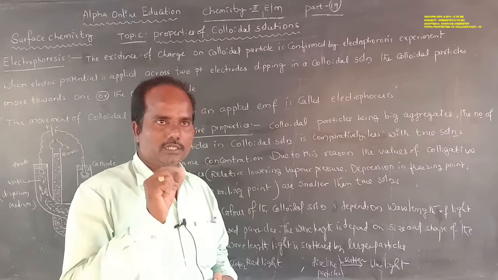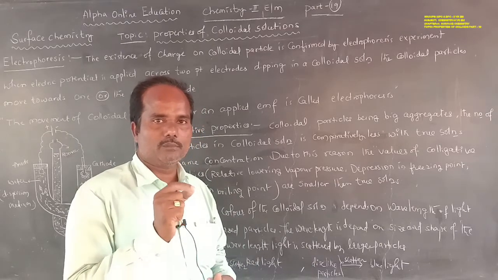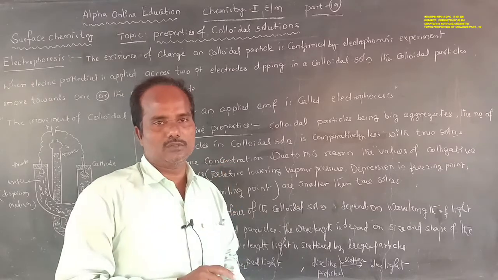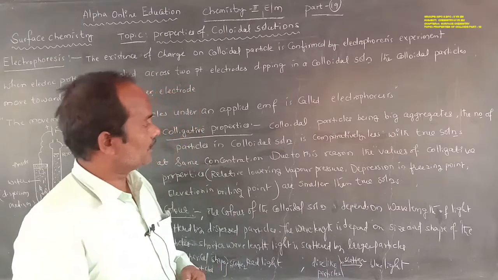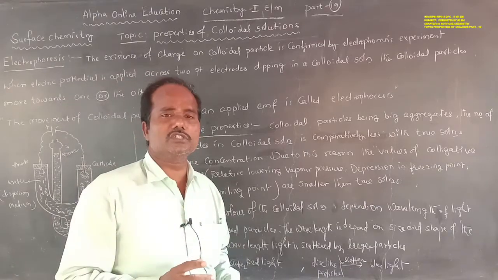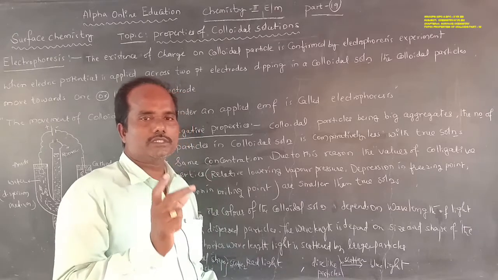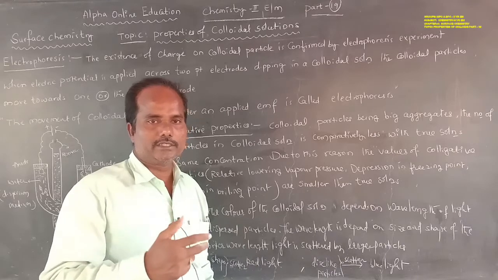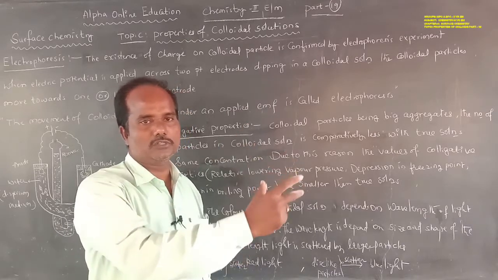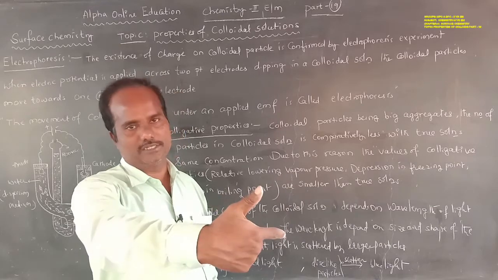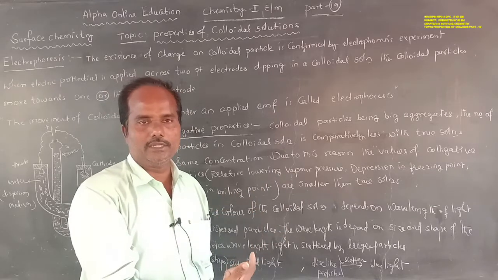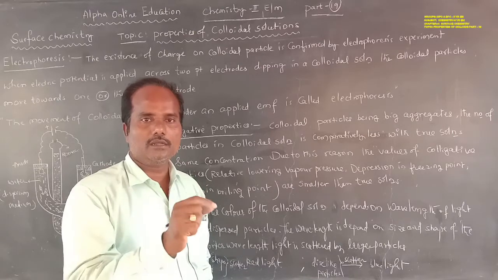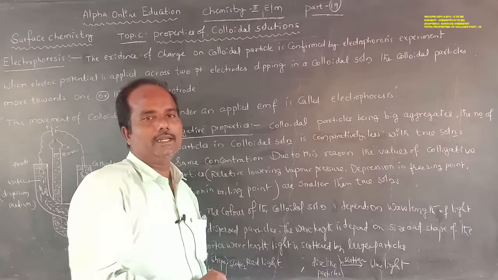The number of solute particles is maximum when compared with colloidal solution. That's why in true solutions the colligative property values are maximum. If a colloidal solution and a true solution are taken at the same concentration, the true solution's colligative property values are higher than the colloidal solution's.